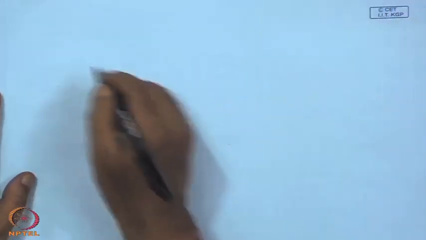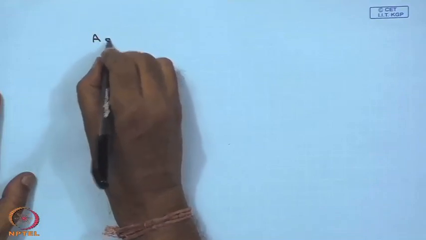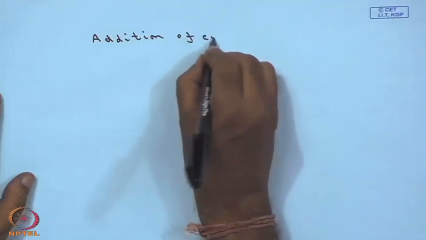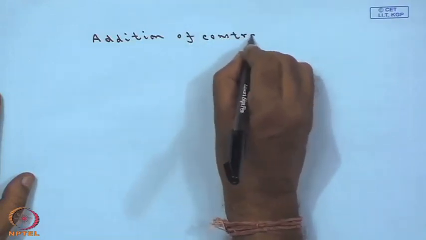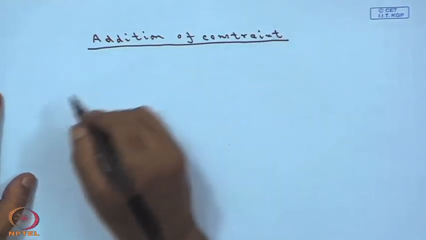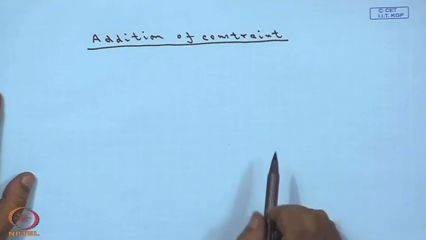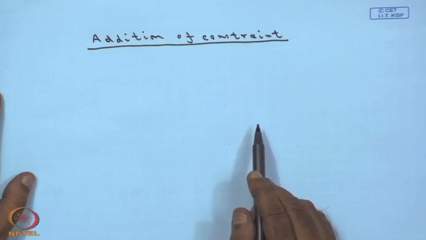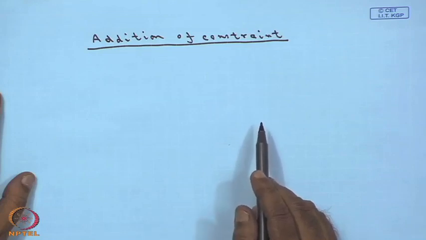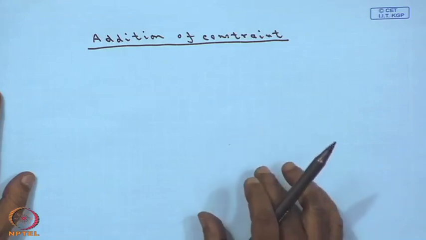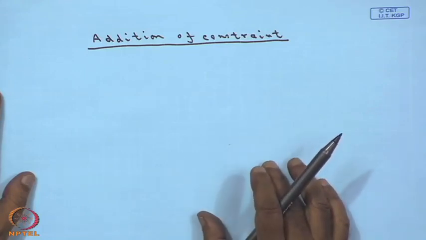The next one is addition of a constraint. Whenever you are adding a constraint, it may or may not affect the optimality condition. First we have to check whether the current optimum solution or BFS satisfies the new constraint or not.